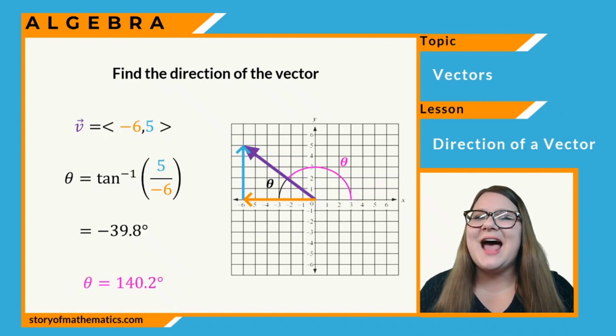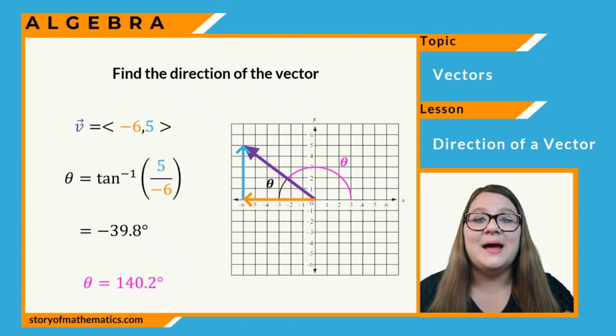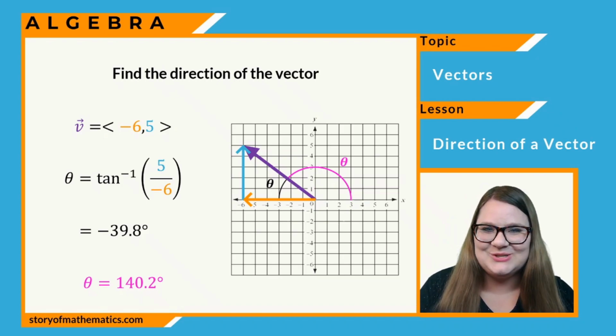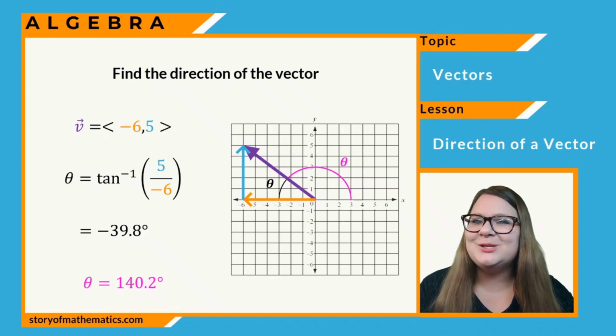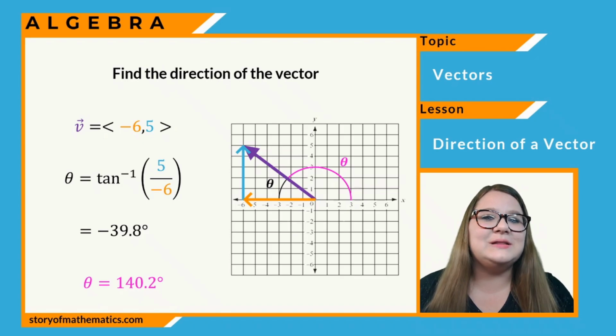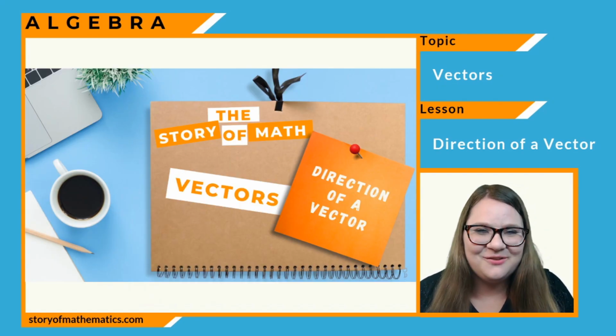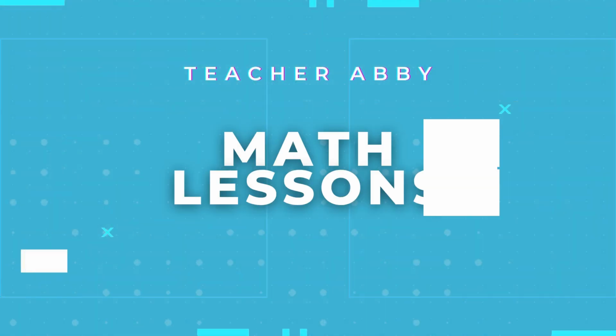When I simplify that, I find out that my theta, or the direction of my vector, is 140.2 degrees. So again, just make sure at the end of the problem you have found the total angle and you'll be in good shape. That's how you find directions of vectors.